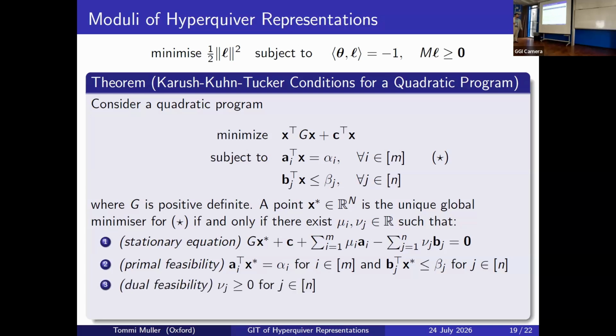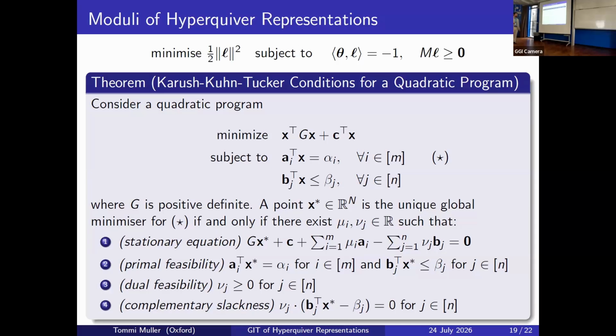We have a condition called dual feasibility, which is that the mu j's have to be greater than or equal to 0. And this last condition is called complementary slackness, which basically says that the inequality constraints are as tight as possible.